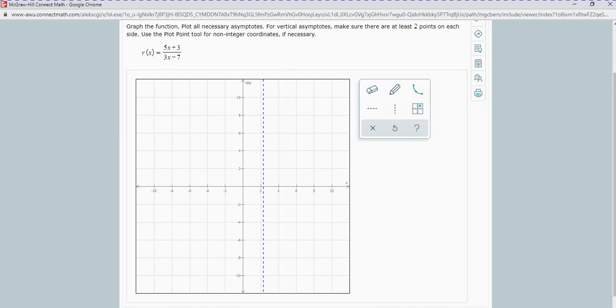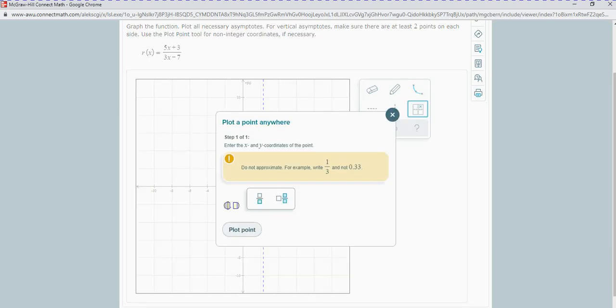Now let's do the same thing for the horizontal asymptote. It fell at y equals 5/3, which again we can't locate here on the grid based on a scale of 2. So I'm going to use the point plotter. We need a point that would fall on the line y equals 5/3. So an example of a point that would fall on that line would be 0 and 5/3.